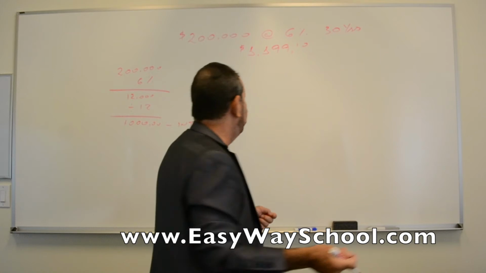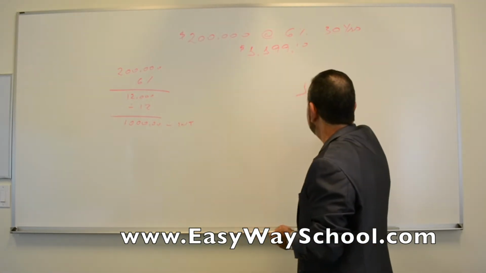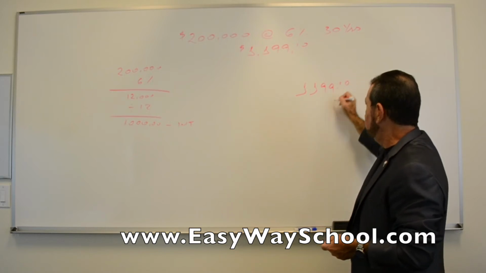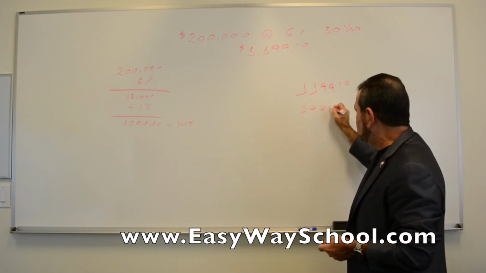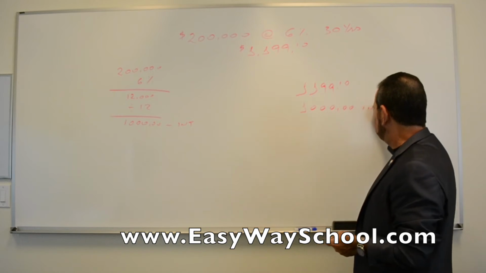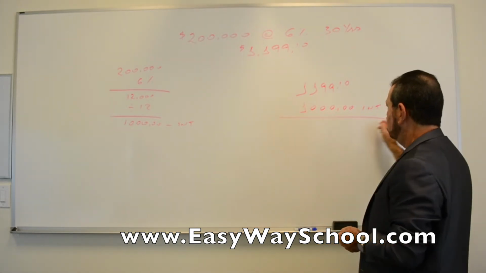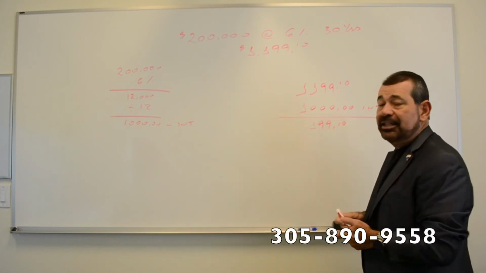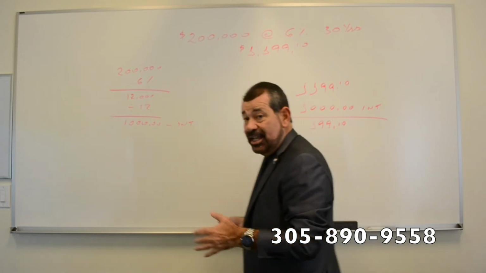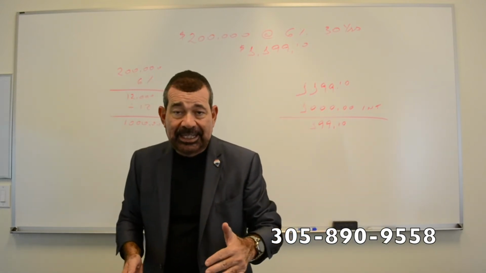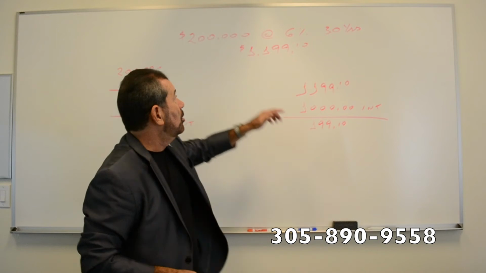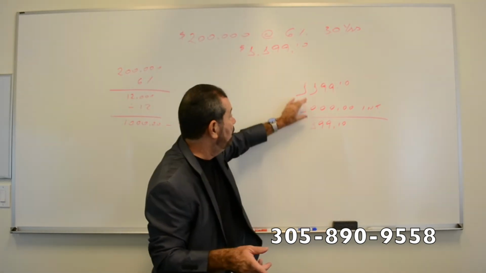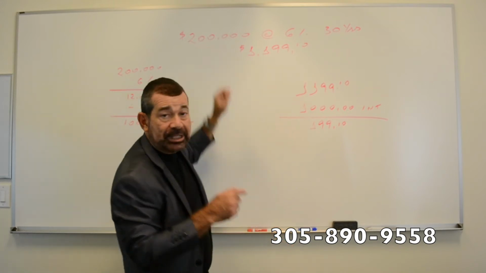Now, if my payment is $1,199.10 and $1,000 is interest, how much goes to the principal? $199.10. That's why it takes 30 years to amortize a loan, because only a small portion of your payment is going to amortize your loan.